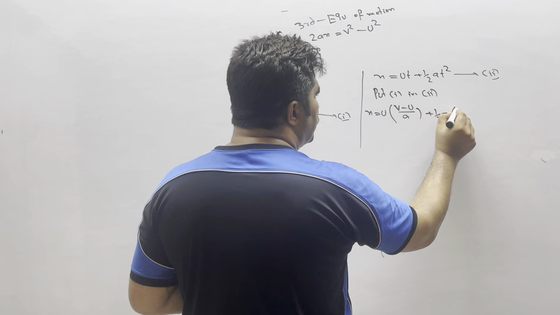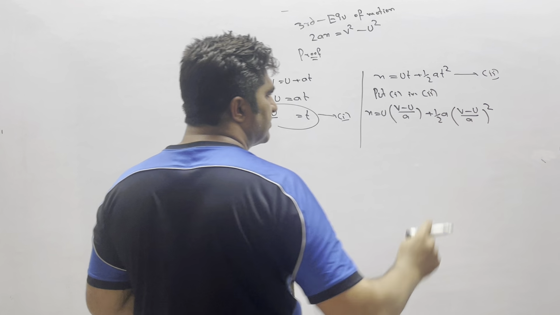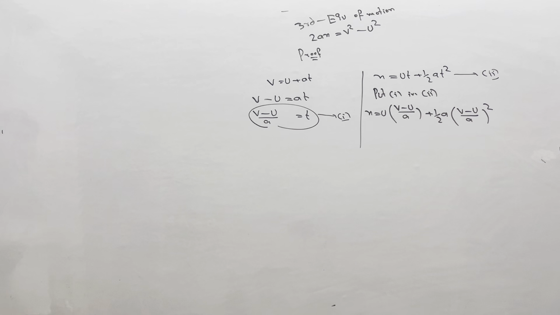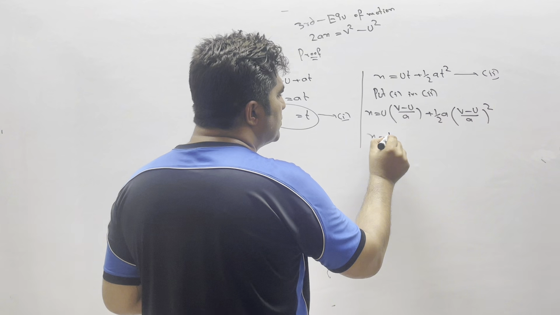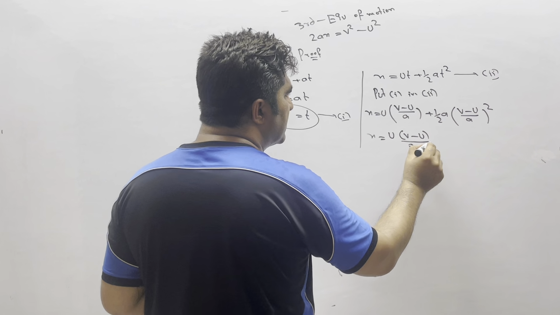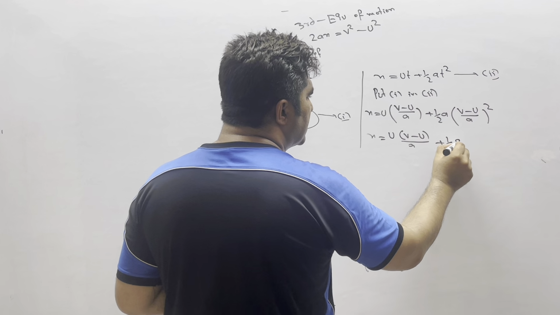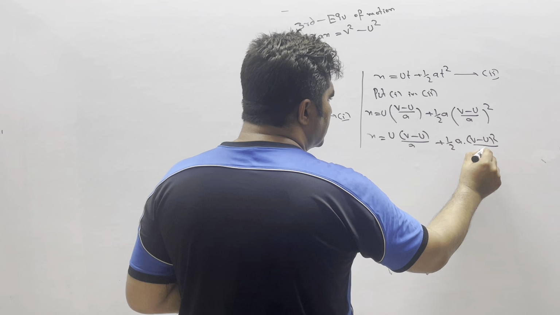It means it will be v minus u over a, squared. So x equal to u times v minus u divided by a, plus half a times v minus u whole square over a square.